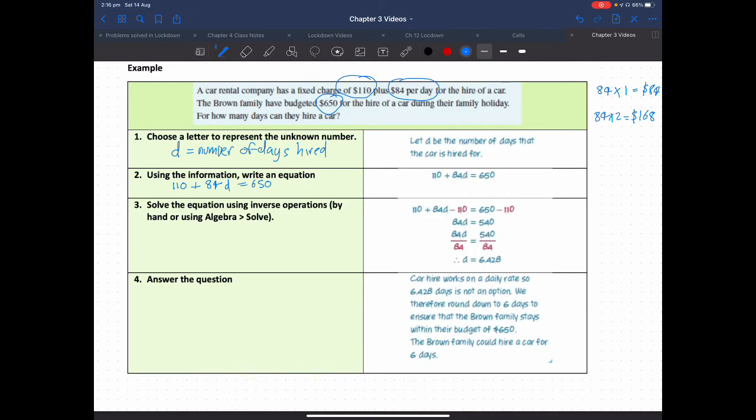So now what we want to do is solve that equation. I want to get the 84D by itself. So to do that, what I need to do is remove the 110. Now that's a plus 110. So the opposite to adding 110 is subtracting 110. So I'm going to subtract 110 from both sides.